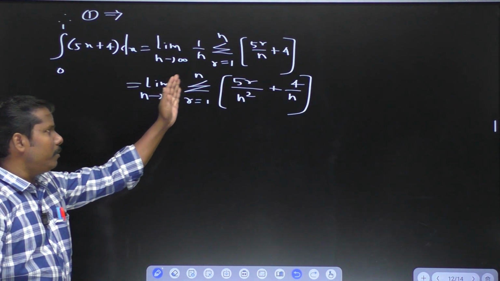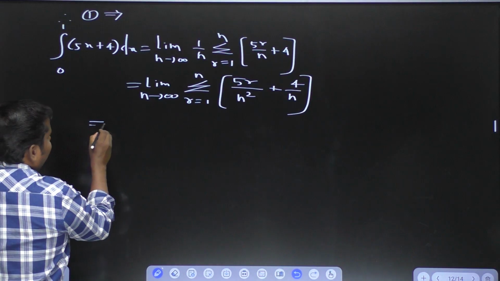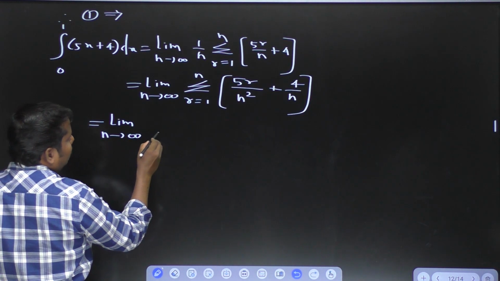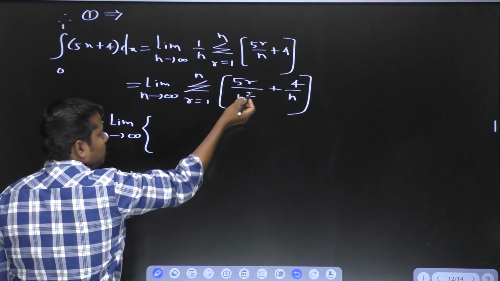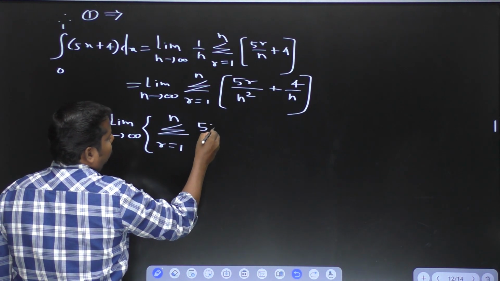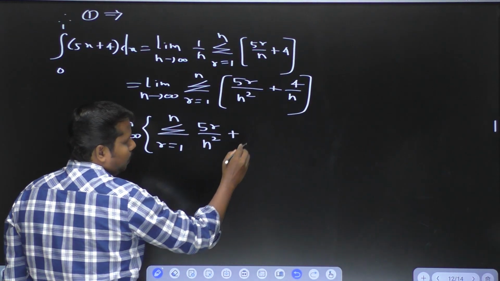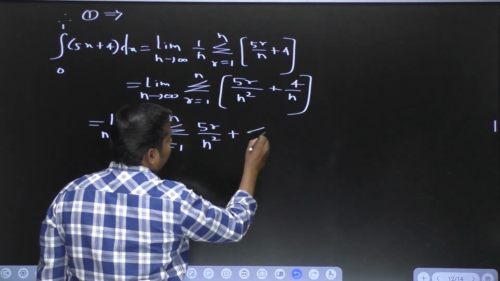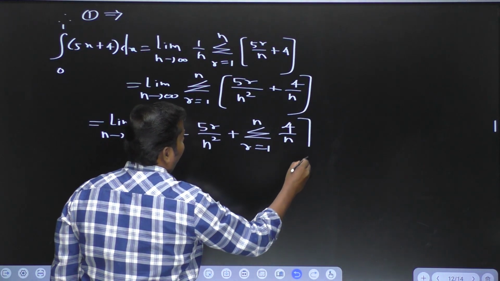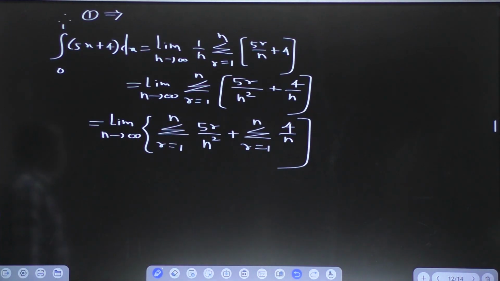Now let us apply the summation. So that is equal to limit n tending to infinity, put up the bracket there. Apply summation: summation r equal to 1 to n of 5r by n squared plus summation r equal to 1 to n of 4 by n. So what is the next step we have to do?